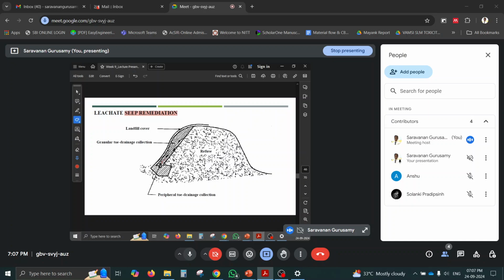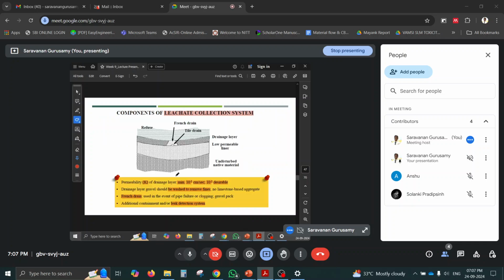So these are the granules useful for the proper migration of leachate into the leachate collection well. You can see the tile drain, French drain. So that will drain the refuse, this is the solid waste, and we have native material, that is underground soil, then the low permeable liner, that is compacted clay and geomembrane liner.